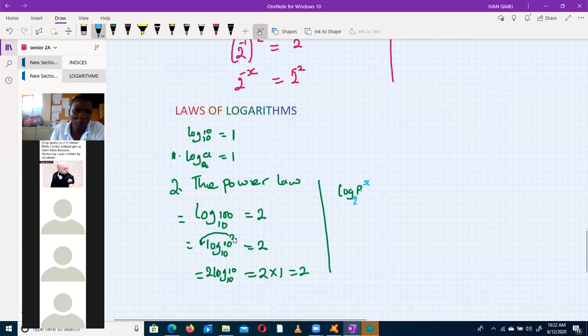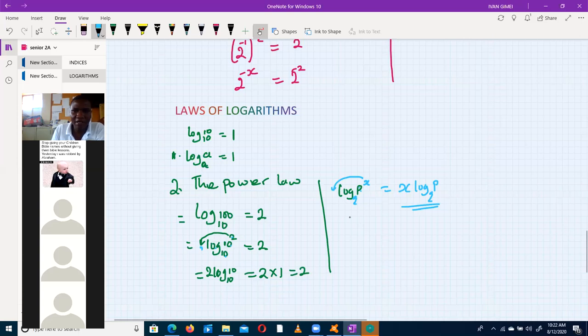So we dropped the 2 and brought it this side. Even here we can take this x this side, and we shall end up with x log of p base q. That's what the power law says: if you're looking for the log of a number that has a power, you can drop that power and proceed.